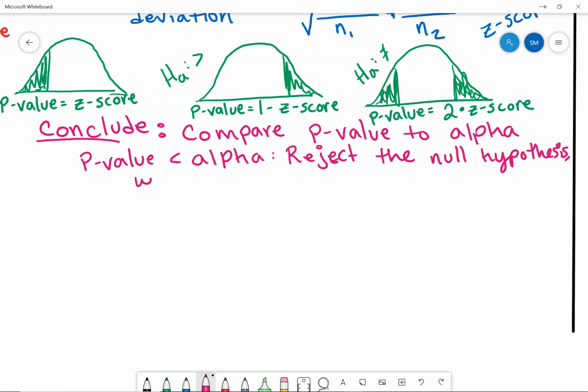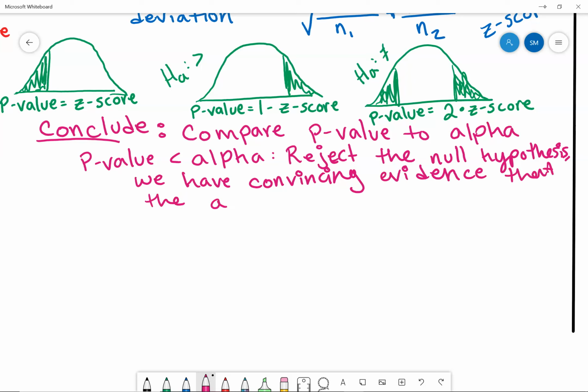We have convincing evidence that the alternative is true.